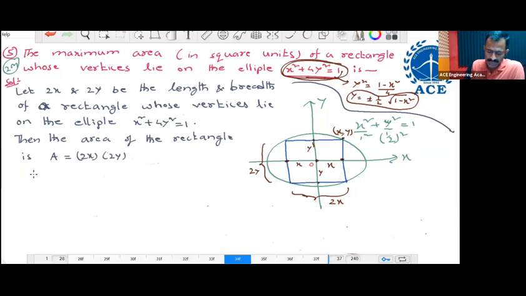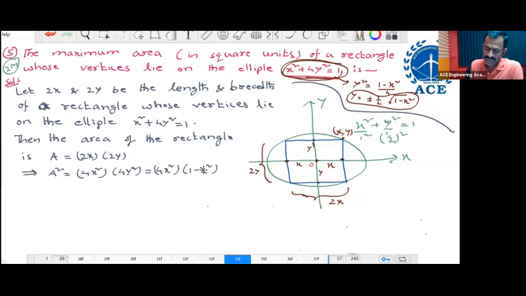Area of the rectangle is A equal to 2x into 2y, which implies we are not taking this as area, we are taking A square, an easy way to do the problem to avoid the square roots for finding the derivatives of the function, which implies A square equal to 4x square into 4y square. This is equal to 4x square into, from this equation of the ellipse, we are writing the 4y square as 1 minus x square.